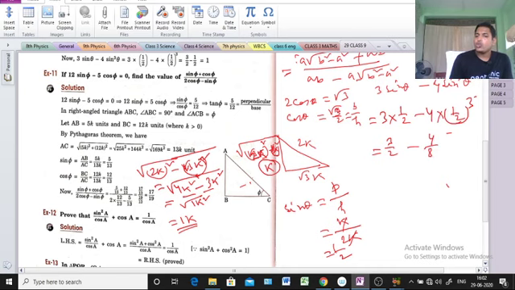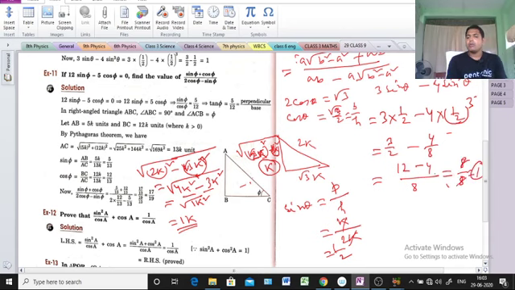Now we'll do LCM. 2 and 8 LCM is 8. So 2 4s are 8, 4 3s are 12, minus 8 1s are 8, 4. 12 minus 4 is 8. 8 by 8 equal to 1. So this is the value of 3 sin theta minus 4 sin cube theta.